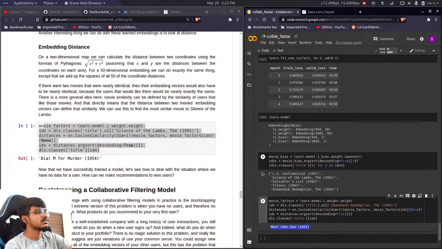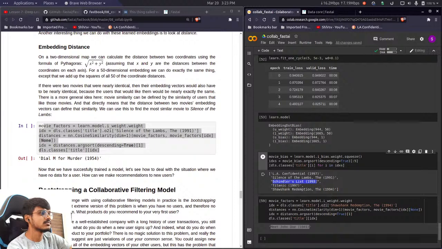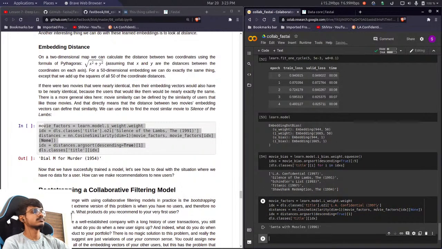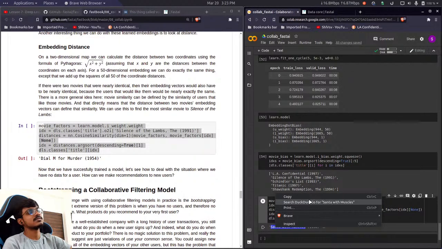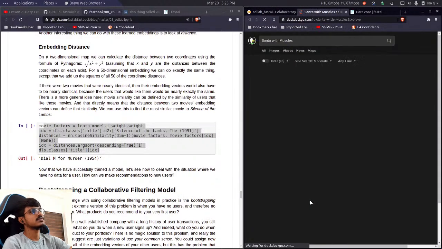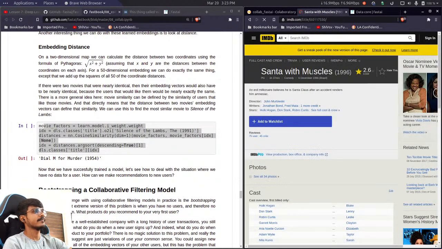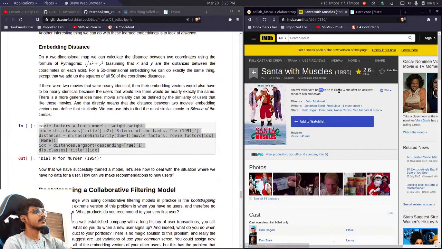And what about Schindler's List? Let me find a similar movie as LA Confidential. Shanghai with muscles. This is what, a comedy movie or something. Amnesia.